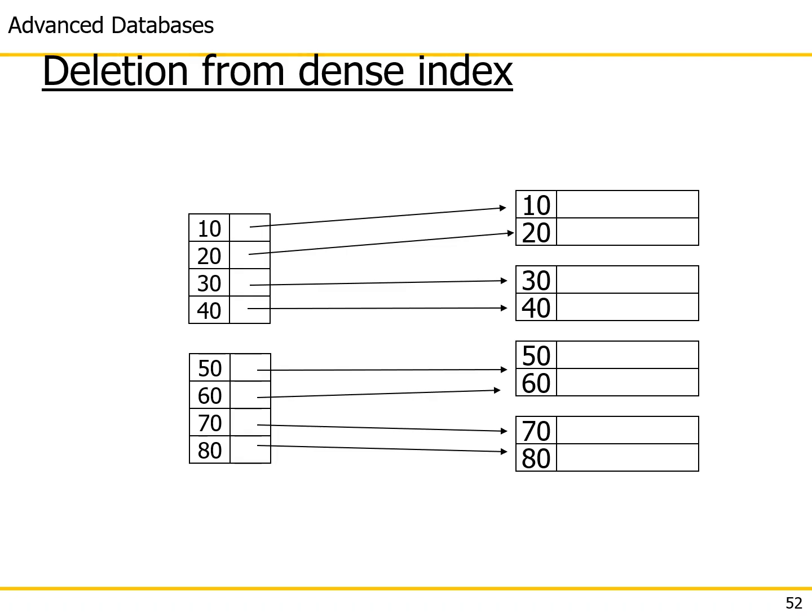Now let's move on to see an example of deletion from dense indices. So remember, in the dense index, all the values appear in the index, or at least one instance from every value. So by now, you should be getting a little bit worried, because every time we delete something, we have to change the index page.